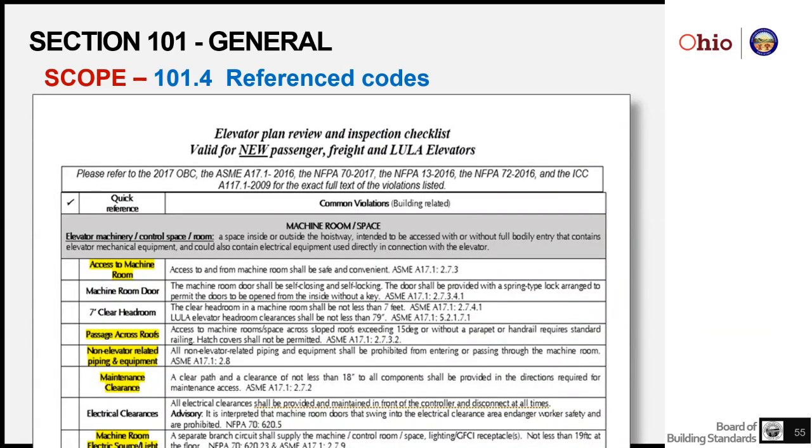And one of the things that we found over time was that there is a butting up or a juxtaposition of where the elevator division has enforcement authority and the building department has enforcement authority, and it's been somewhat unclear as to where that is. So this matrix was made in conjunction with the Division of Elevators, and it talks about what all those things are.